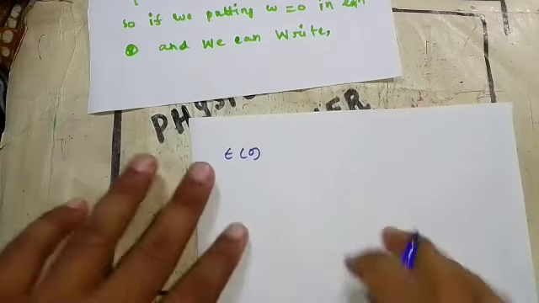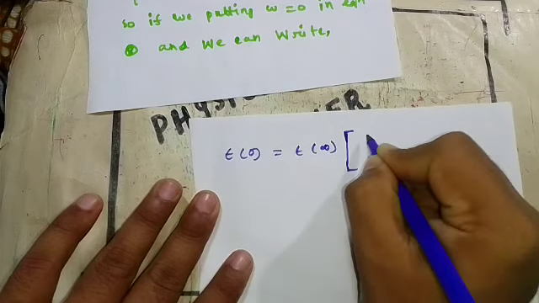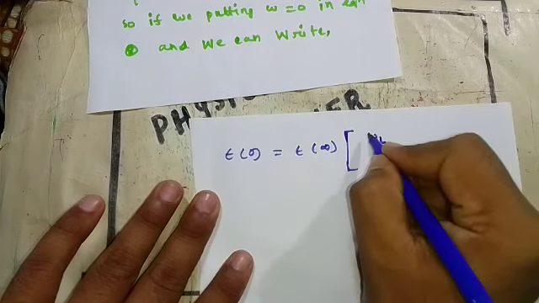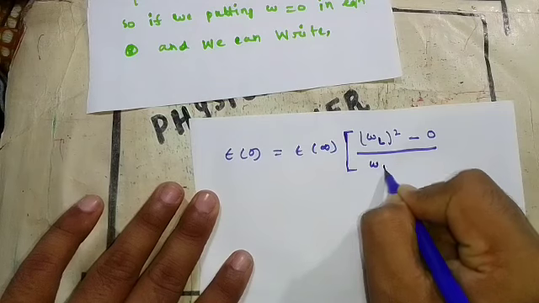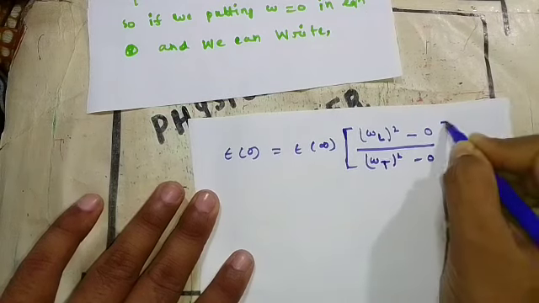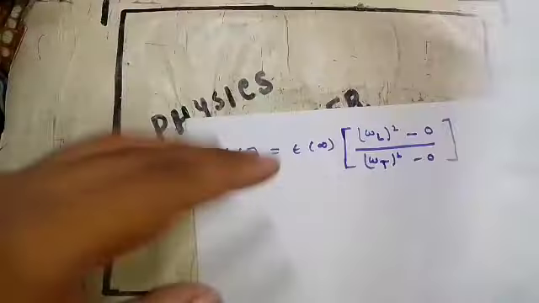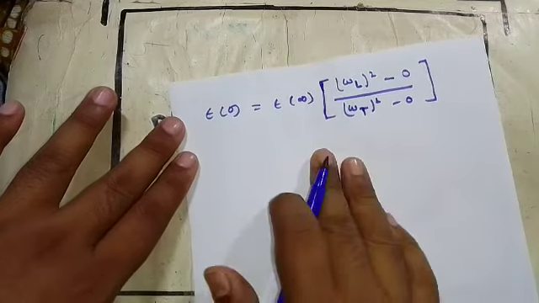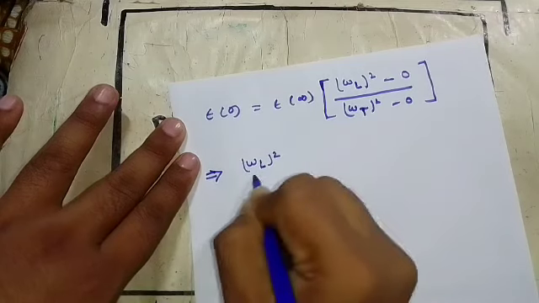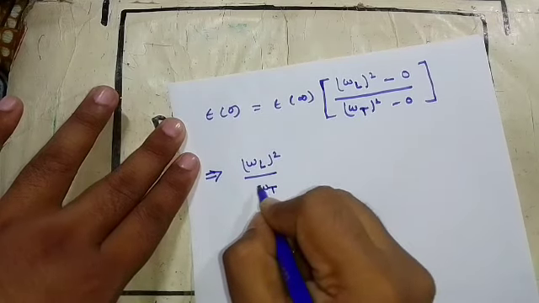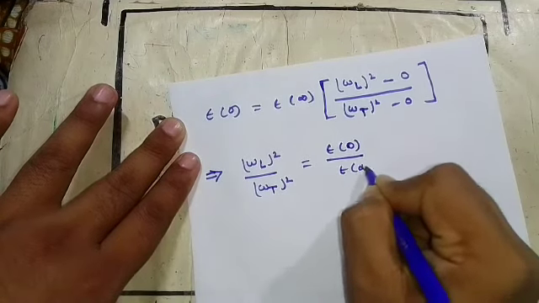So epsilon 0 is equal to epsilon infinity times omega L square minus 0 by omega t square minus 0. Now I simplify this, so we can write omega L square by omega t square is equal to epsilon 0 by epsilon infinity.